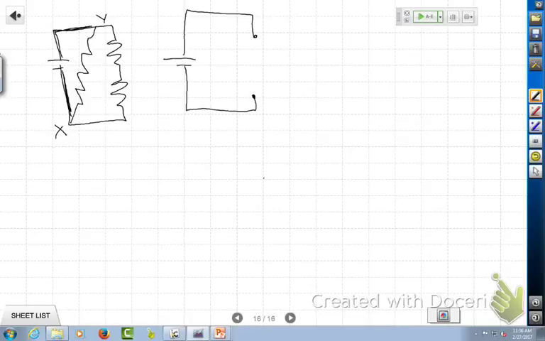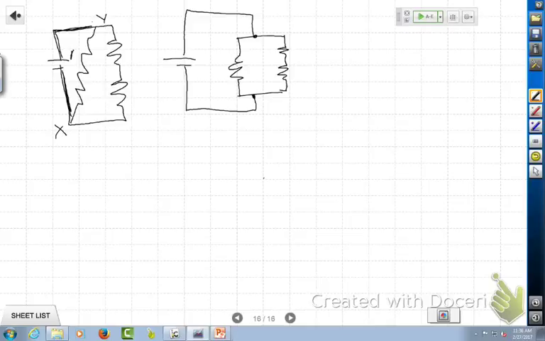And then I can take this wire and just stretch it out. I can take that wire and stretch it out. And then that bit of wire goes from there to there. And then this bit of wire goes from there to there.